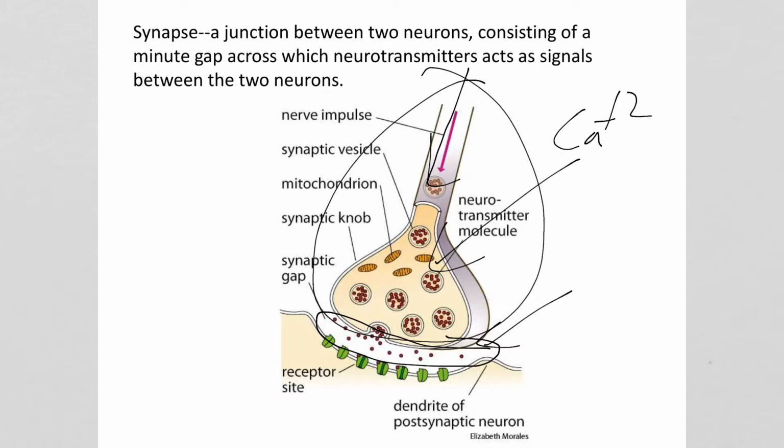They cross the gap. They bind to these little green receptors on the postsynaptic neuron. When they do, that causes those receptors to open up. That allows for the influx of typically sodium ions into that next neuron, and that's the beginning of the electrical signal in the postsynaptic neuron. So those are all examples of local signaling.